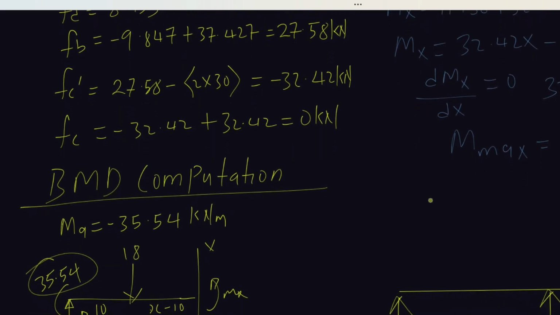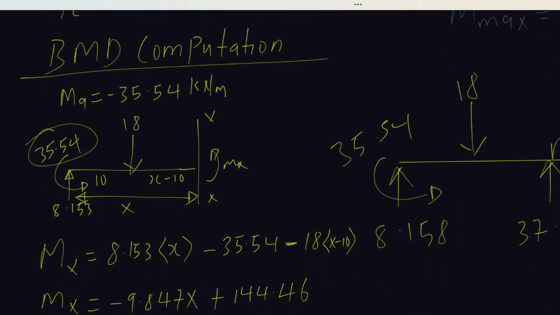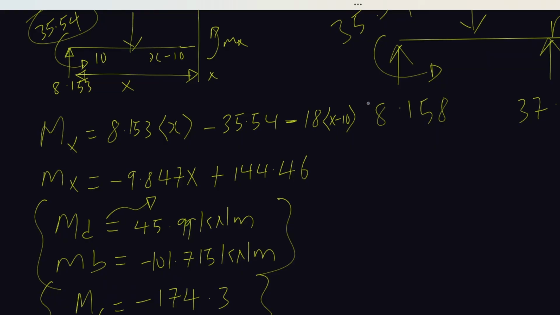This is 37.427, this is 8.158, this is 35.54, this is 18, and this is 0. So now I'm drawing a line to ensure vertical consistency.